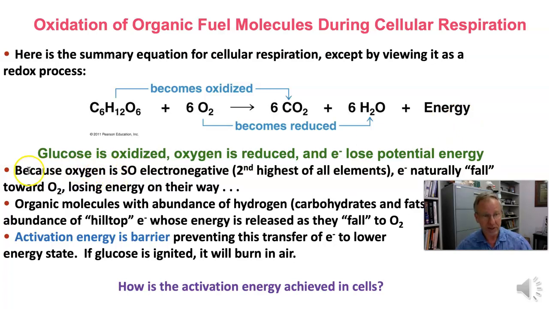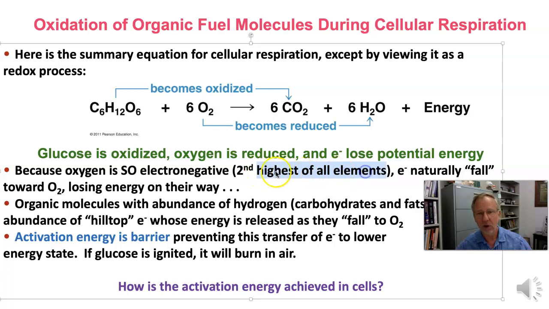So the second bullet down here is reminding you that of all the elements in the periodic table, oxygen has the second highest electronegativity of all of the elements. It is extremely electronegative. So oxygen is a fantastic substance to be grabbing onto electrons from our food molecules.